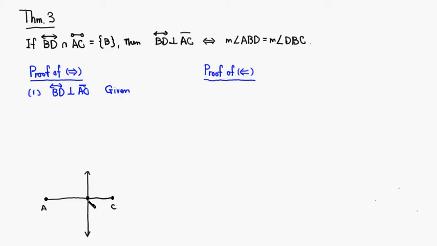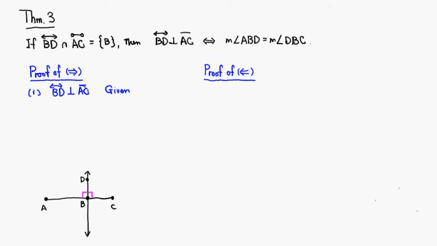And B is the intersection, so this is going to be B, and I'll just put the D somewhere and say D is right there, right? So here, we're assuming that this is already perpendicular, so these are all 90 degrees.